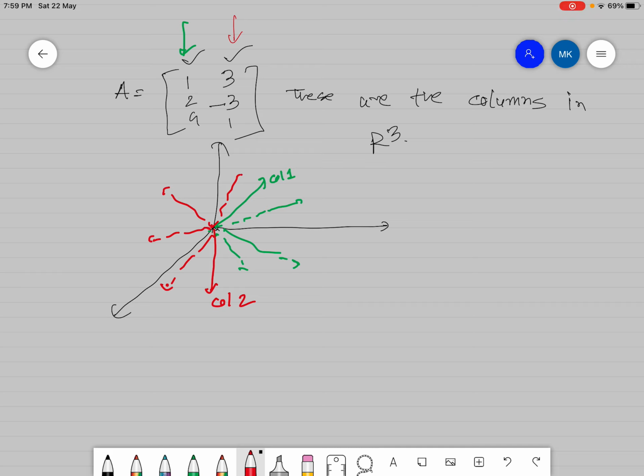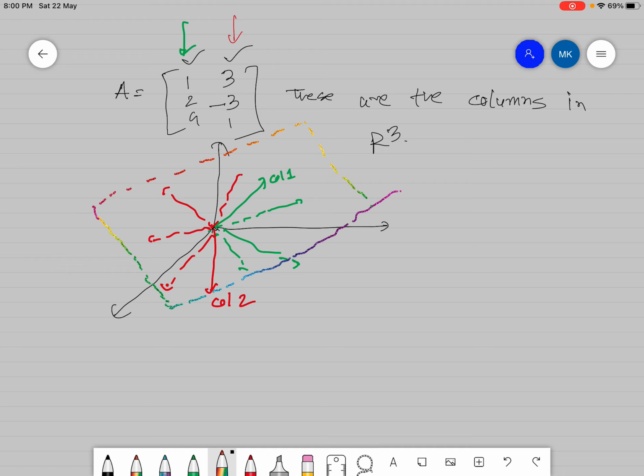If I take all the linear combinations, you can guess that you will have a plane-like structure in the R3 space. So this is in fact a plane that goes through the origin. Okay, so this is a subspace because it fulfills all the conditions.